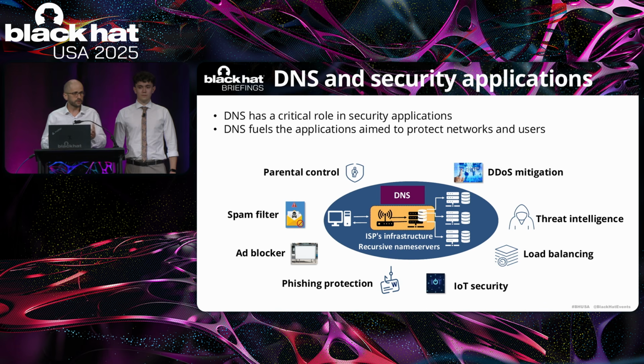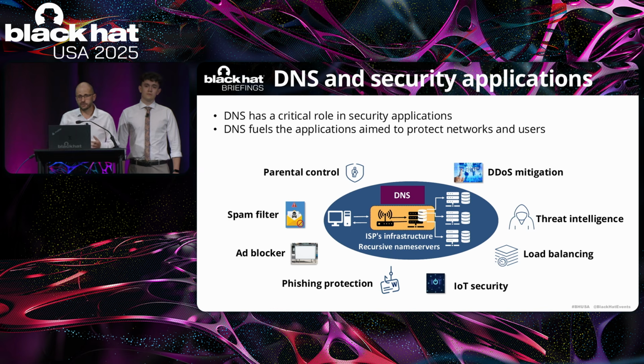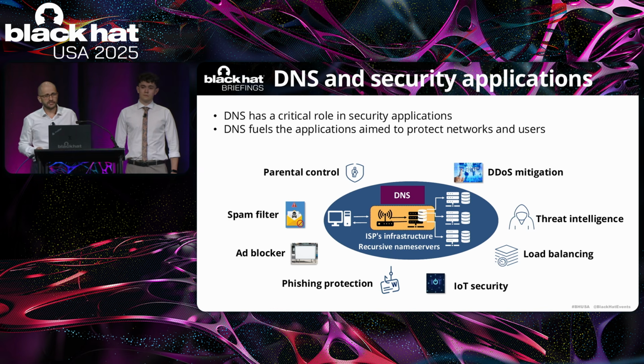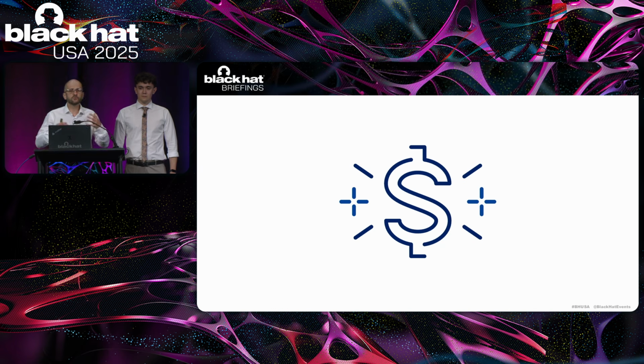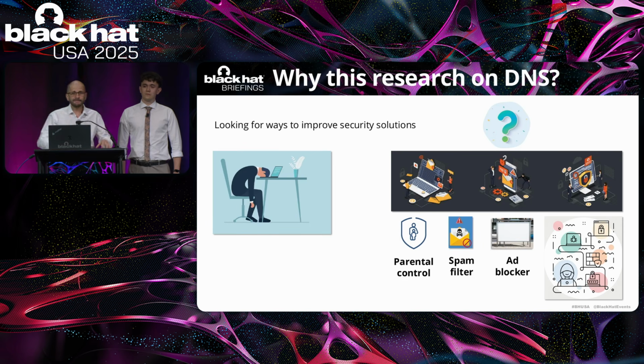So if you work for a security company, you know that you can harness DNS in order to develop a wide range of technologies, such as parental control, spam filtering, ad blocking, and so on and so forth. You can also do IoT security by using DNS. So it's quite a valuable resource, and there is a lot being invested into using and harnessing DNS for various purposes.